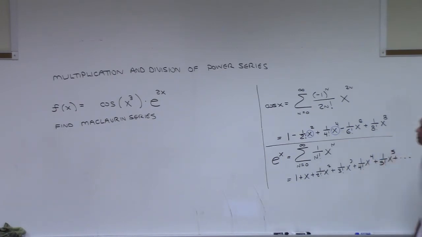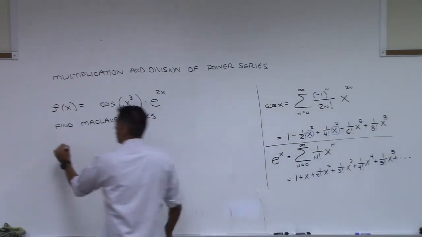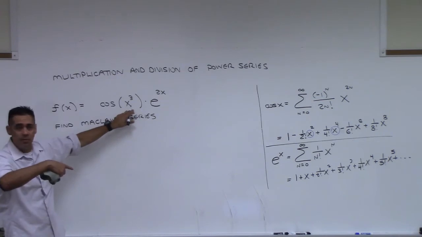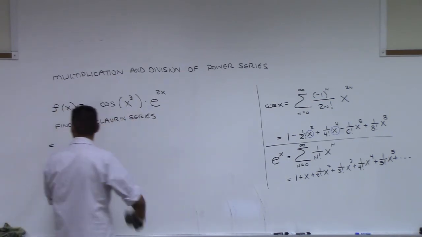All right, so let's do this. This should be equal to cosine of x cubed, which we did in the previous example. Let's write out what we had gotten there.